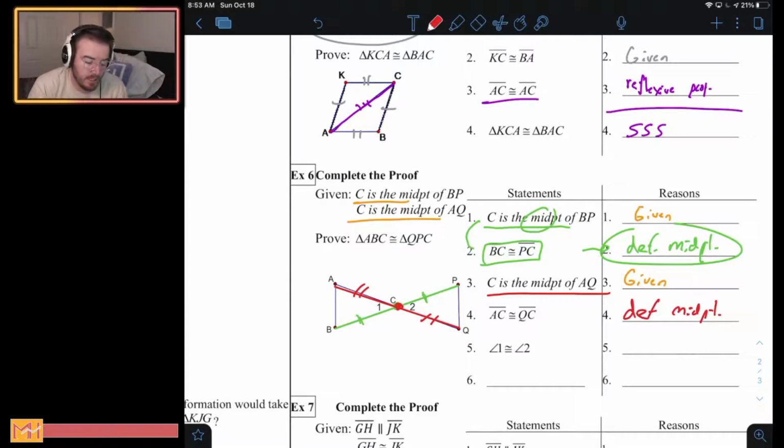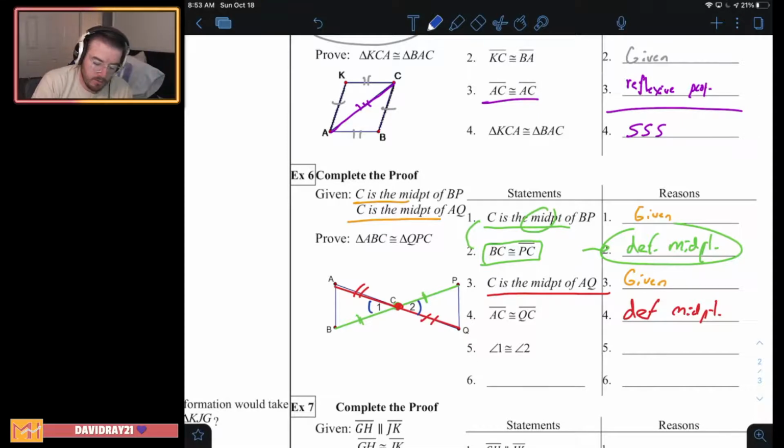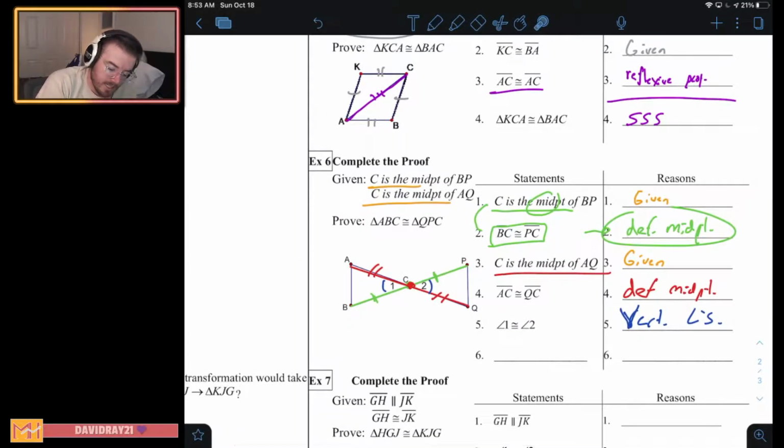Side angle side? Why are 1 and 2 congruent? Once again, we have intersecting lines, and these angles are on opposite sides. What are they? Vertical angles. And now we have side, angle, side.